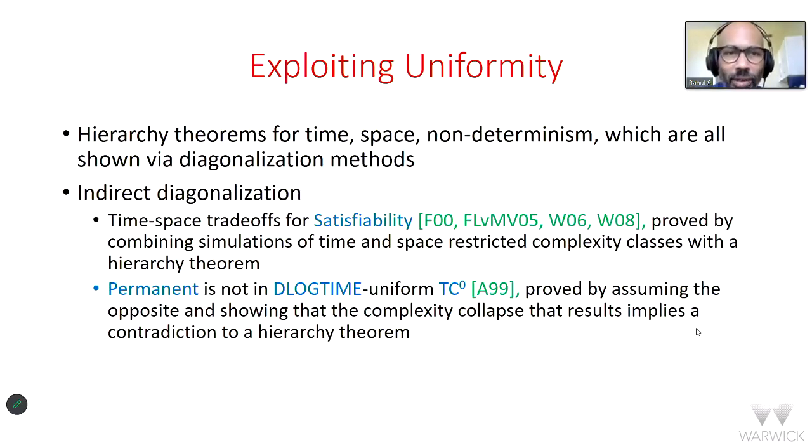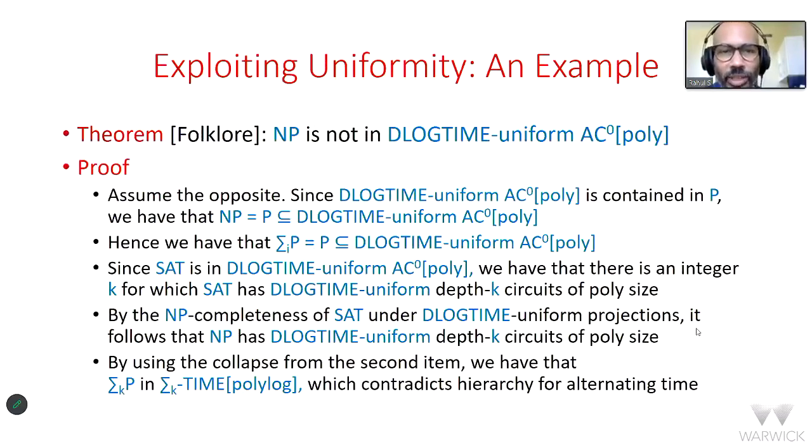I'm just going to give a quick example of such an argument. This is a folklore argument that NP isn't in uniform AC0 of polynomial size. Of course, we know from the switching lemma and the famous results of Furst, Saxe and Sipser and so on that NP doesn't have non-uniform constant depth circuits. But here's an argument for uniform circuits.